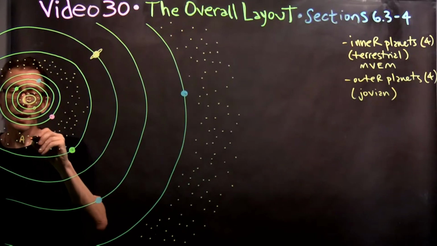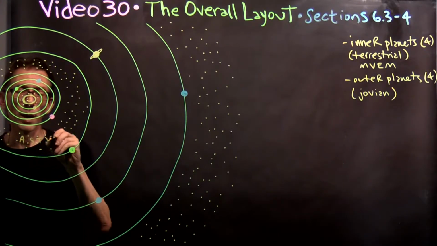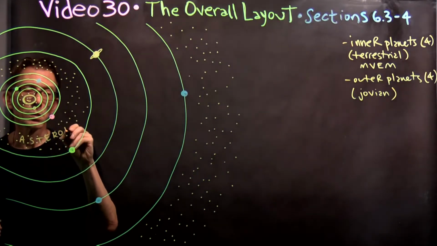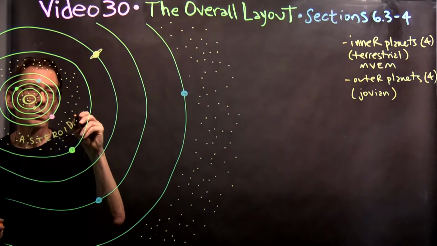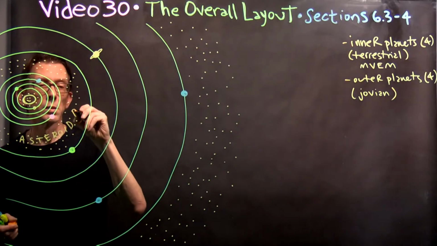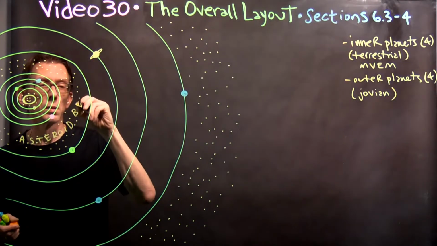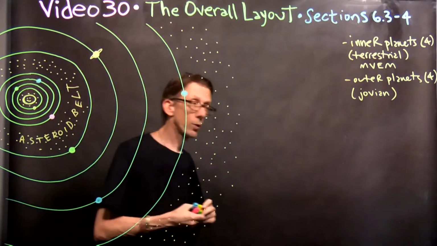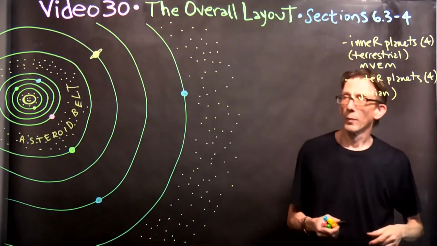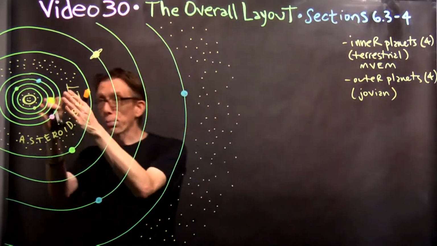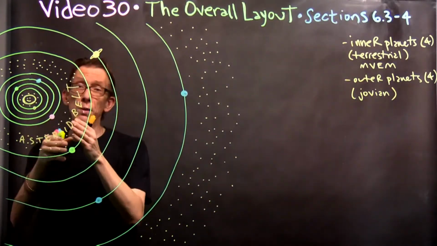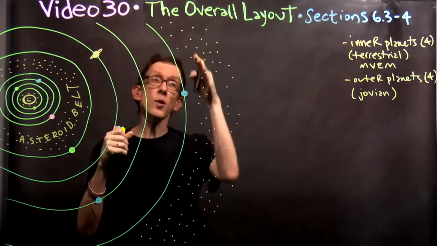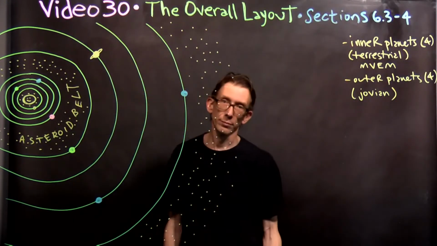And in between them, you have the asteroid belt. Connect the dots here. Okay, asteroid belt. So then you've got your 4 terrestrial planets, the asteroid belt, 4 outer planets or Jovian planets, and then you have this thing.